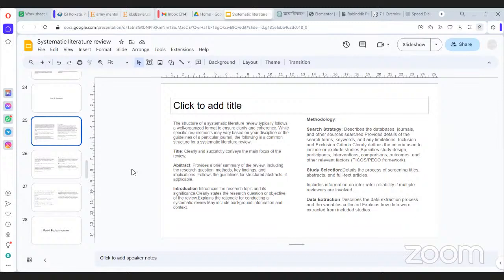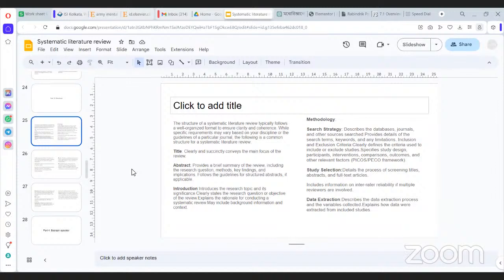And if you follow meta-analysis, that is also part and parcel of the systematic review of literature, so please mention that it is based upon meta-analysis. In the title, you must be very careful.